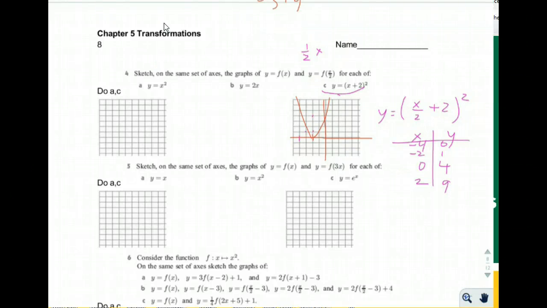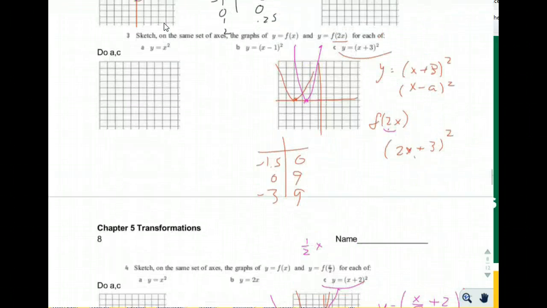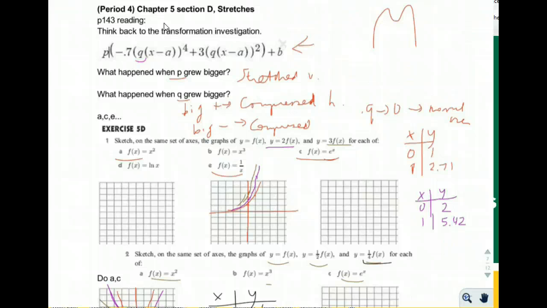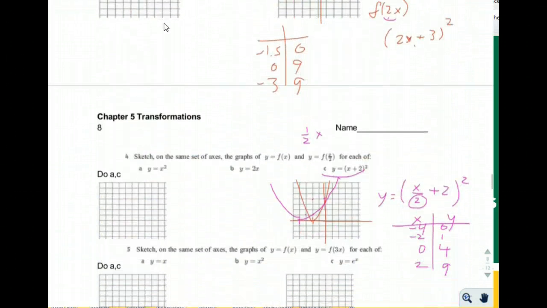Okay, and at 0, you're going to have 4. So you can see that this parabola is going to be wider. Even though it looks like it might get smaller because you multiply it by 1/2, it actually gets wider. And that agrees with our prediction here. When q gets close to 0, then it becomes wider, like normal size, but it becomes wider and not compressed.